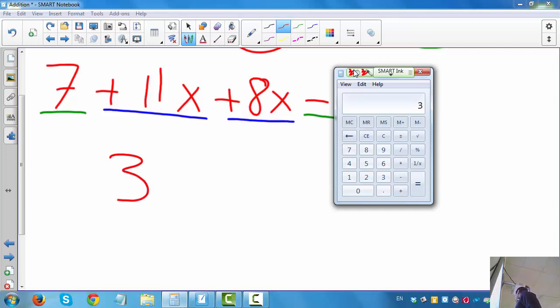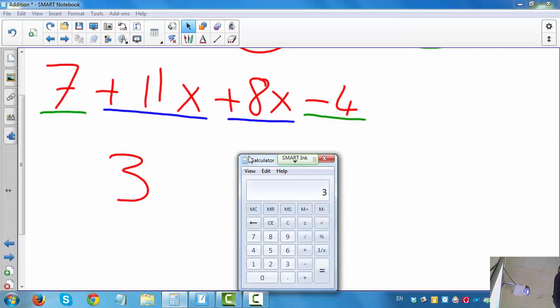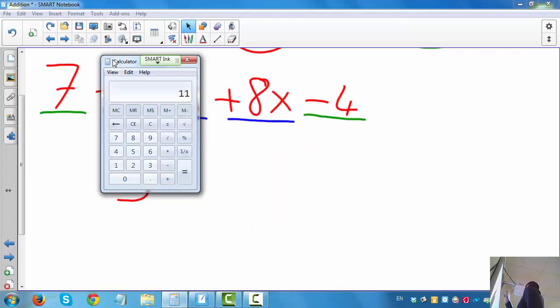3. And now I'm going to deal with the letter ones. I'm looking at plus 11, which means I don't have to push down the sign. Regular 11 and plus 8, which is 19.